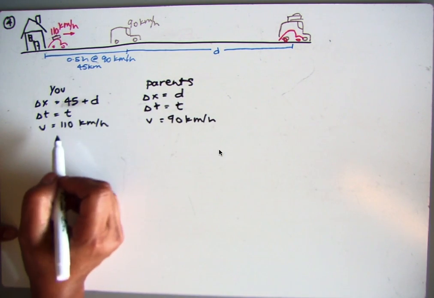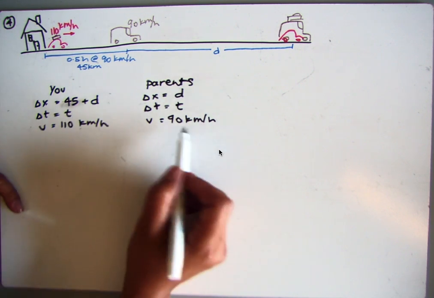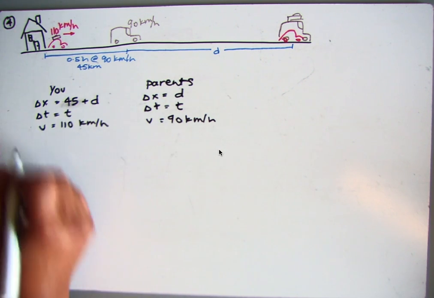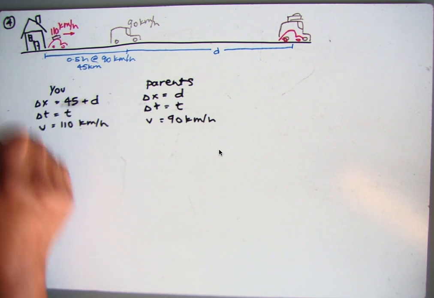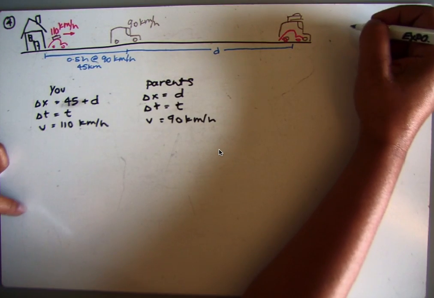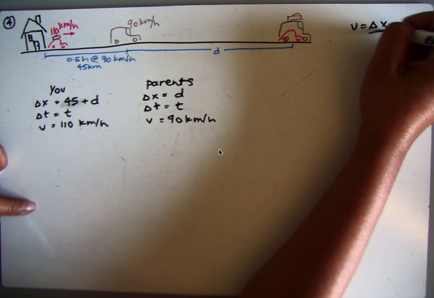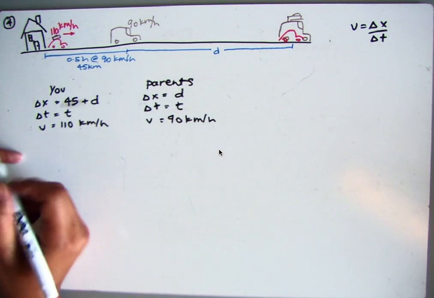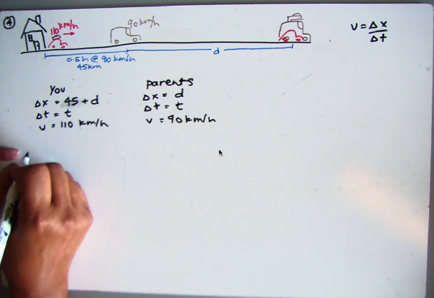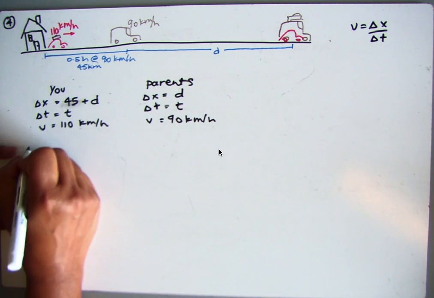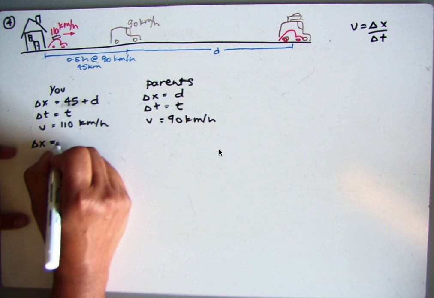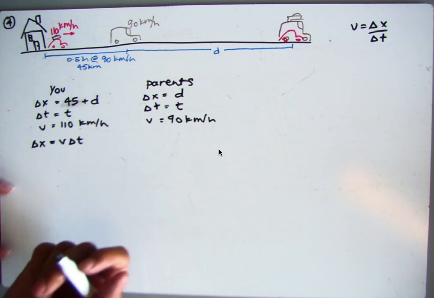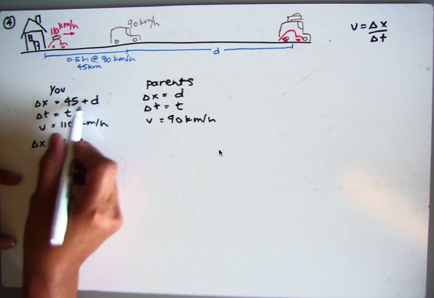Now you can see you have two variables that you don't know the answer to, that you want. The thing that we know is that these variables are linked by the same expression, v equals delta x over delta t. The speed is equal to the distance over the time. In this case, I'm going to rearrange that equation and write it as delta x equals v delta t, just because it's a more straightforward form, and substitute what I know.